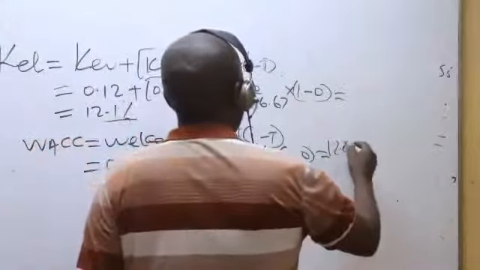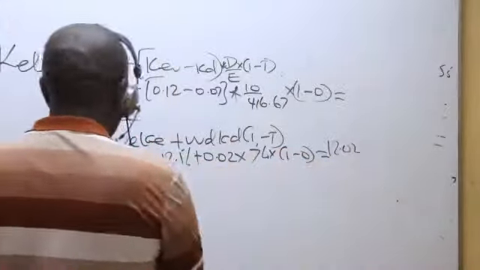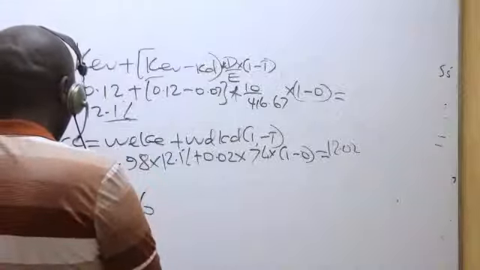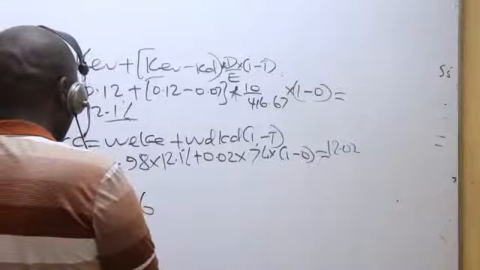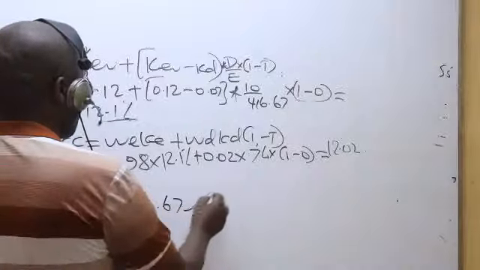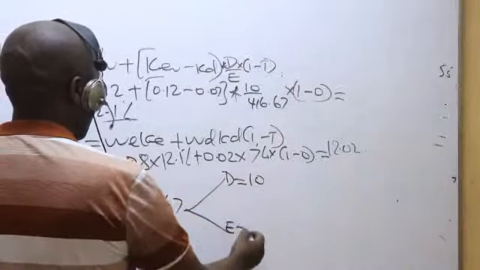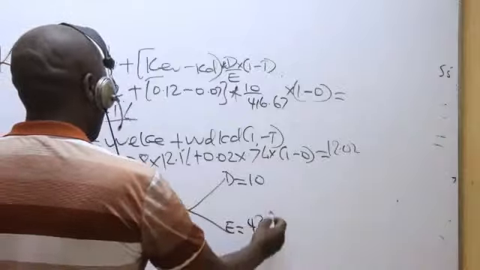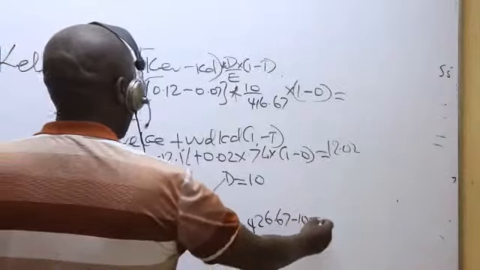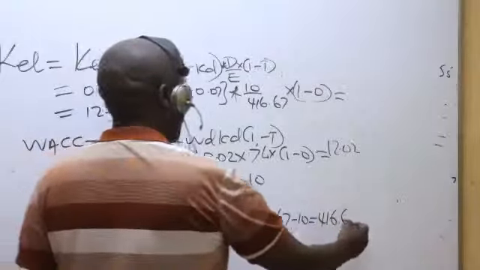So how are we getting the weights? Remember, in this question, we had the total value of the levered firm. So we split this into two. Debt will be 10. Equity will be 426.67 minus 10, which gave us 416.67.